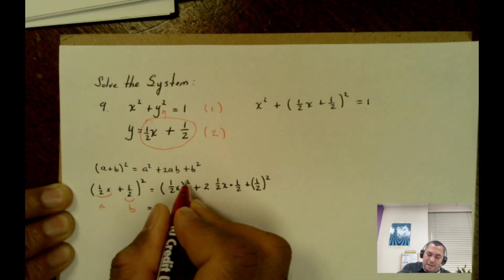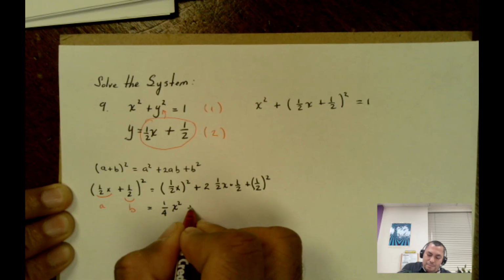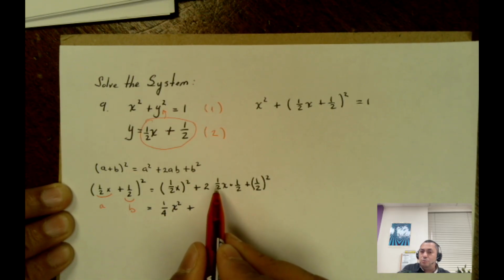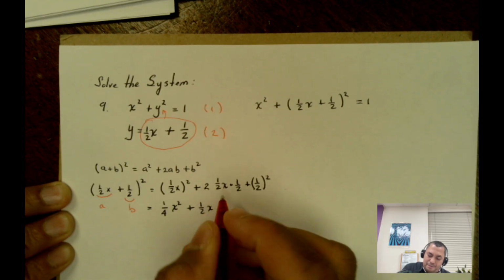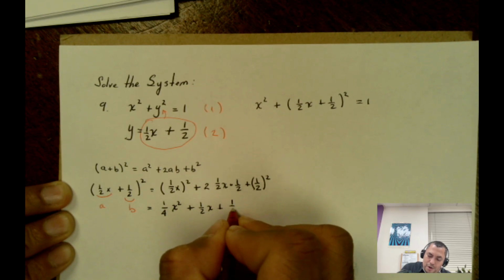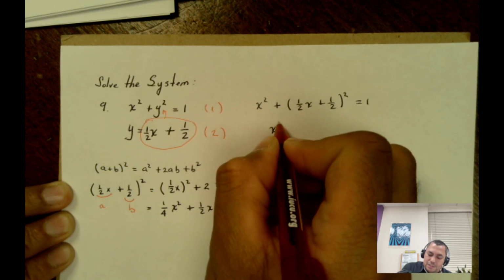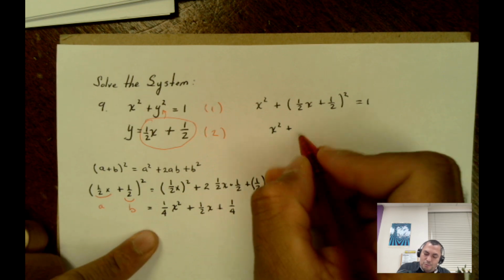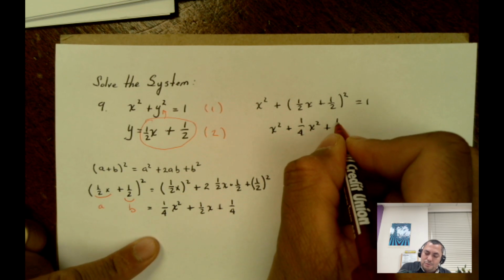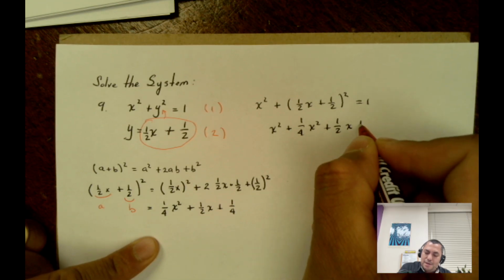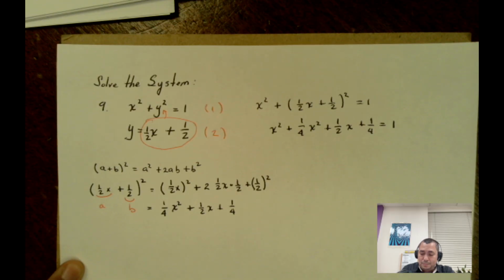If we simplify, (1/2 x) squared is 1/4 x squared, plus 2 times 1/2 is 1, so I have 1/2 x, plus 1/4. So what I have here is x squared plus 1/4 x squared plus 1/2 x plus 1/4 equals 1.